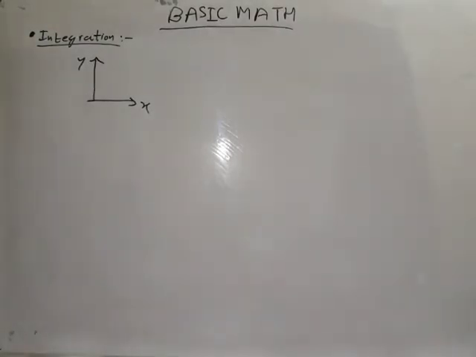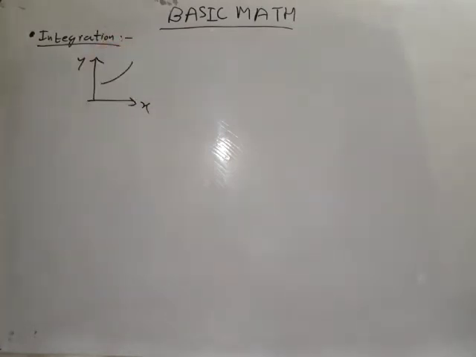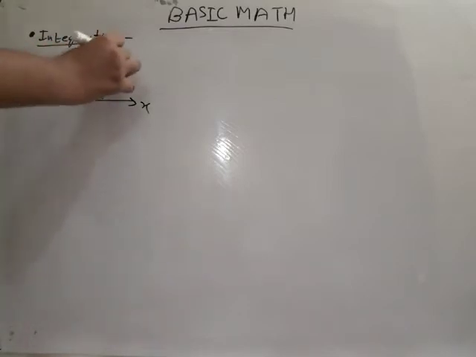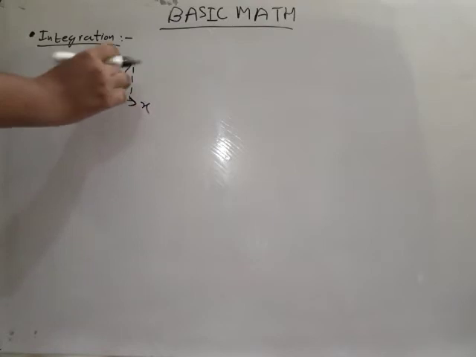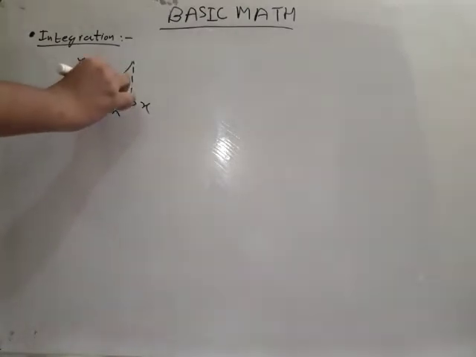Now suppose there is a graph like this, okay, and we need to find y multiplied by x, the area under the curve along the x-axis, this part. Now we can divide it into n different parts, n tends to infinite, such that each part resembles a rectangle.